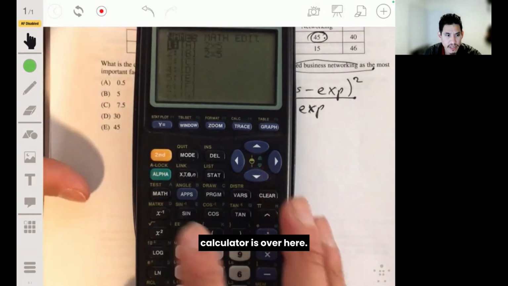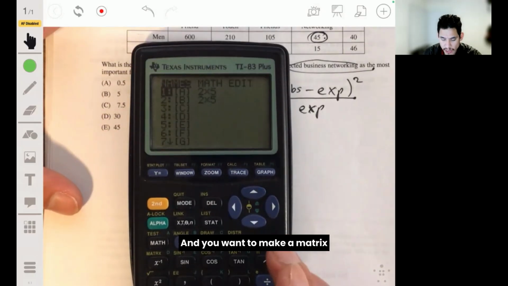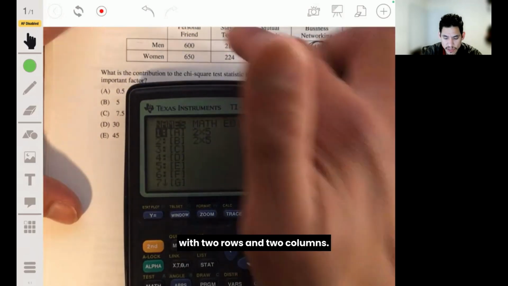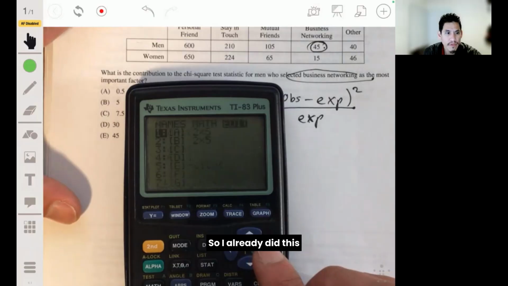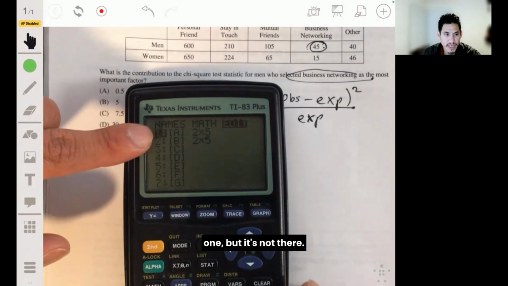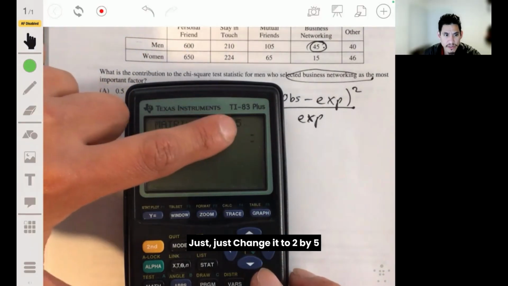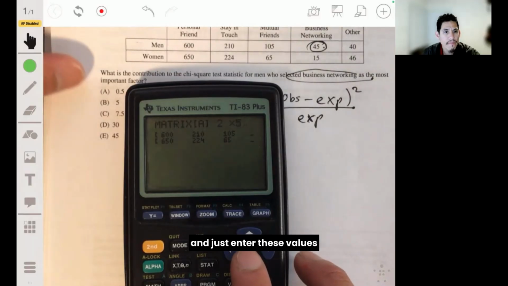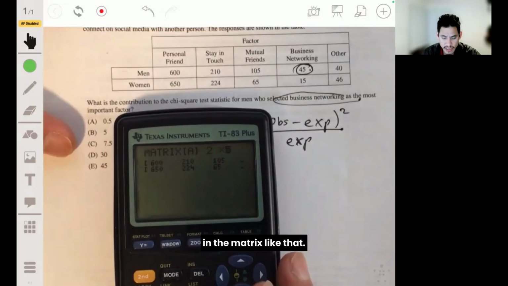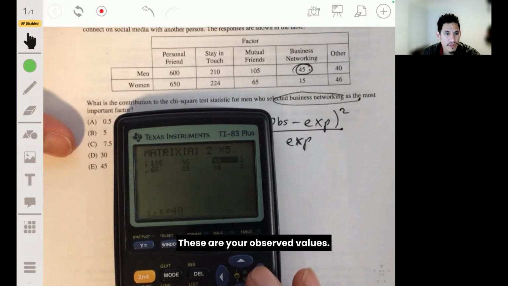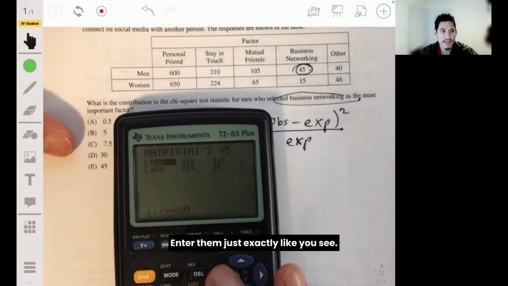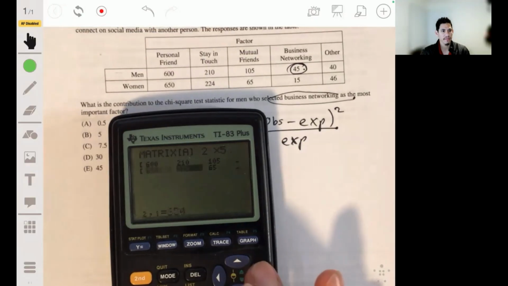In this calculator, it's over here. You want to make a matrix with 2 rows and 2 columns. I already did this one, but if it's not there, just change the size and enter these values in the matrix like that. These are your observed values. Enter them exactly like you see.